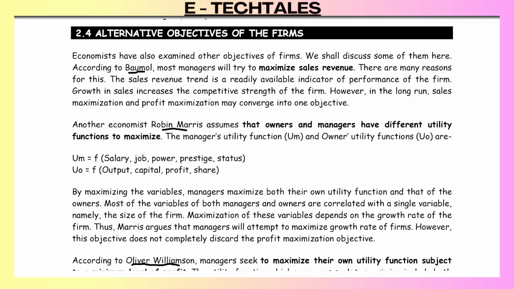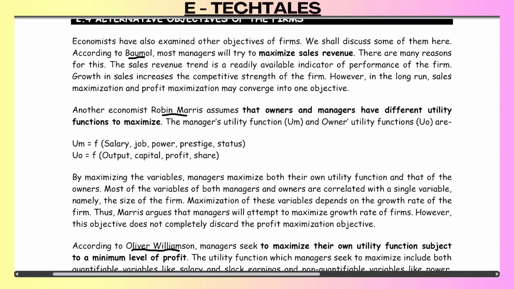The objectives are a little bit different because they are based on different economists, but you have to understand that they have a common goal, as these are also the alternate objectives of the firms. So in the first scenario, the economists have examined various objectives of the firm, and we will discuss some of those here.